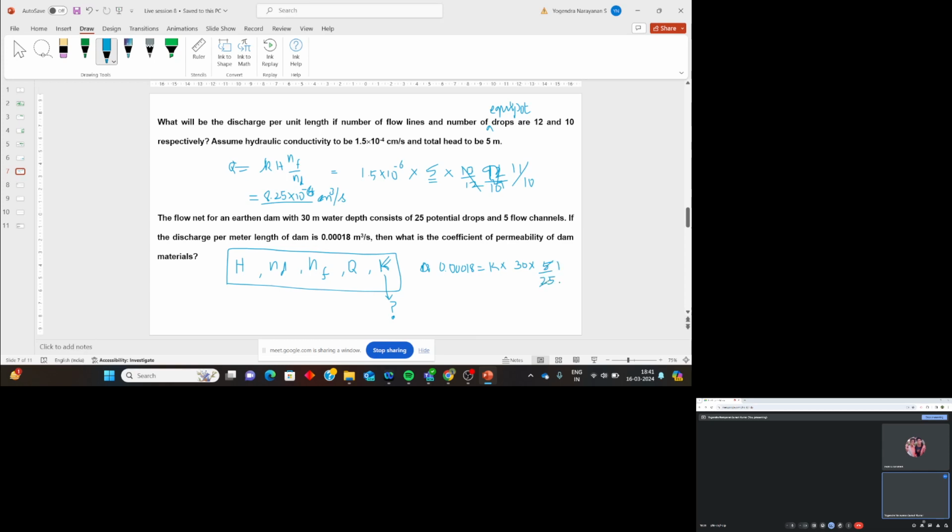It will be 1, it will be 5, it will be 6. How much did you get? 3 into 10 to the power of minus 5 meter per second. This is the value. Okay, now let us move to the next question.